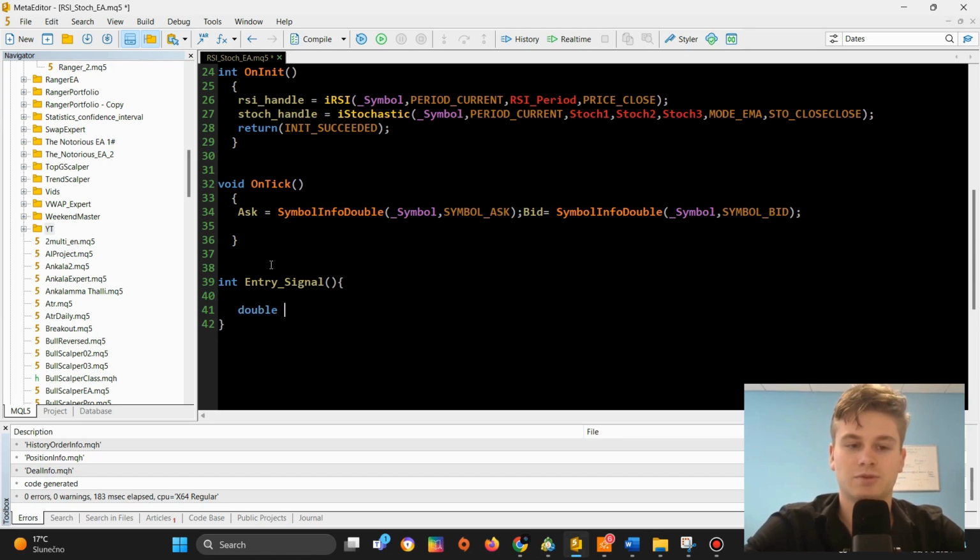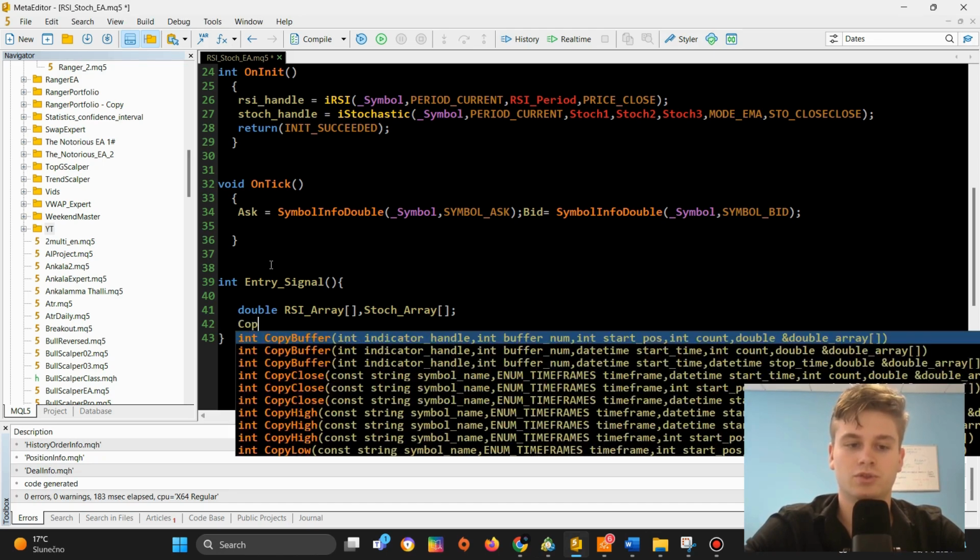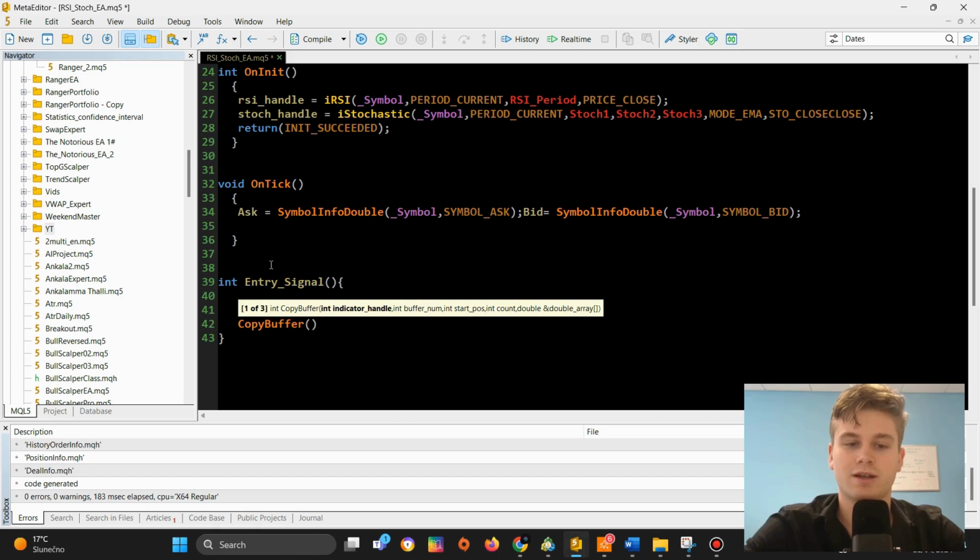Here we will create two arrays, each of which will be used for storing indicator values. So an RSI array and a stochastic array as well. And then, as you already know, we need to use the CopyBuffer function, which will allow us to retrieve the needed indicator values. The first positional argument is an indicator handle.